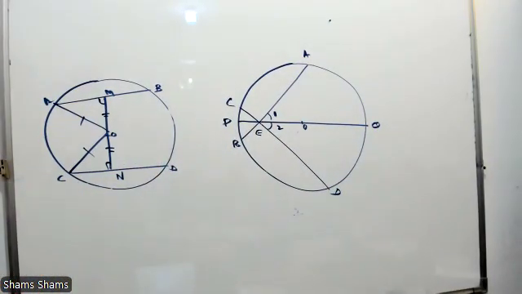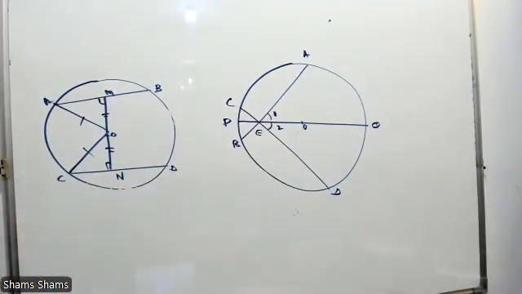Equal chords of a circle are equal distance from the center.